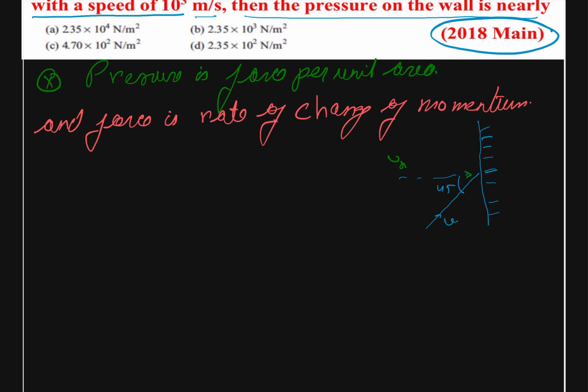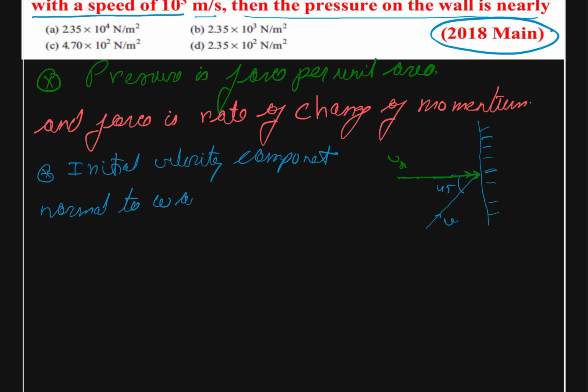So the initial velocity component normal to the wall will be v of x is equal to 10 raised to power 3 cos 45.